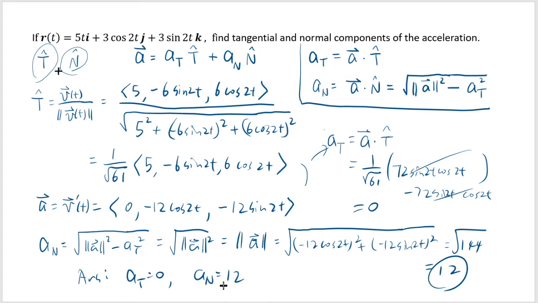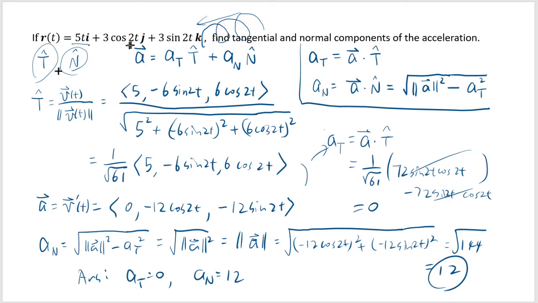Now let's think about the result in terms of physics and what it means. I said this is a helix, and it's rotating like this, right? Now, in the x direction, it's a constant velocity motion. So there is no acceleration in this direction.